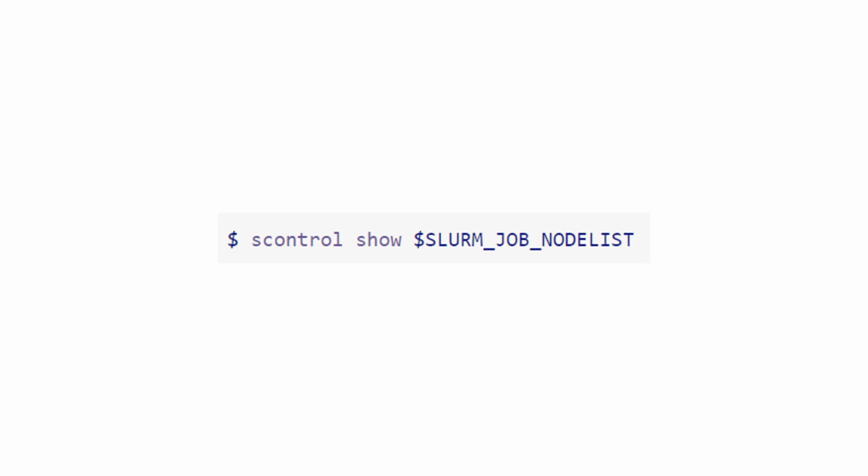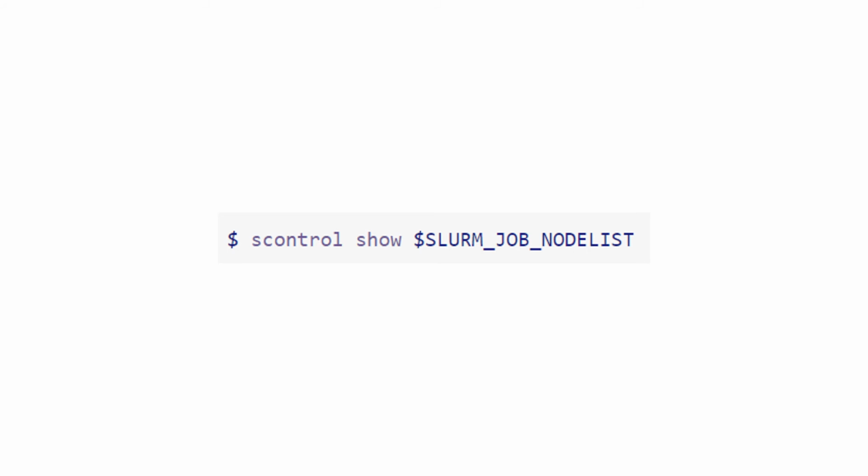So this will display the list of nodes in the allocation, but we need to have it in a file so that we can provide it to parallel. So we will be adding this to a file.